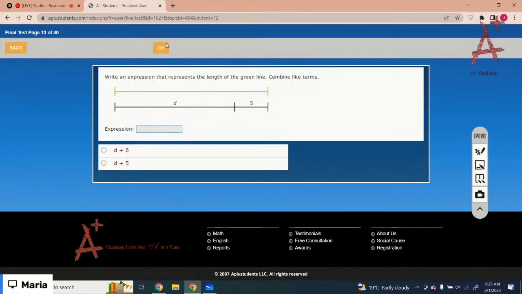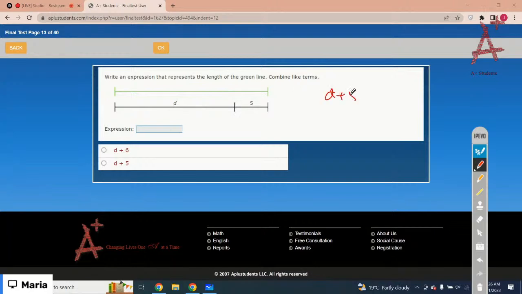Okay, the next one is write an expression that represents the length of the green line, combine like terms. Now just look at the length of the green line and the length of the black line. The lengths of both lines are equal. Got it? So the length of the black line is d plus 5 because it has two portions. Then the green one is also the same. So the length of the green line is d plus 5.